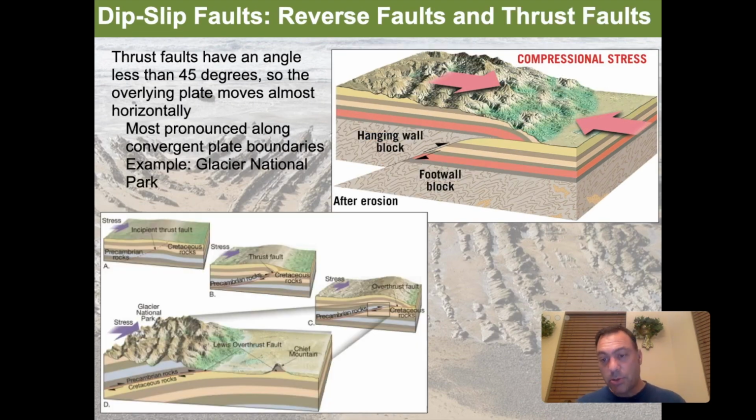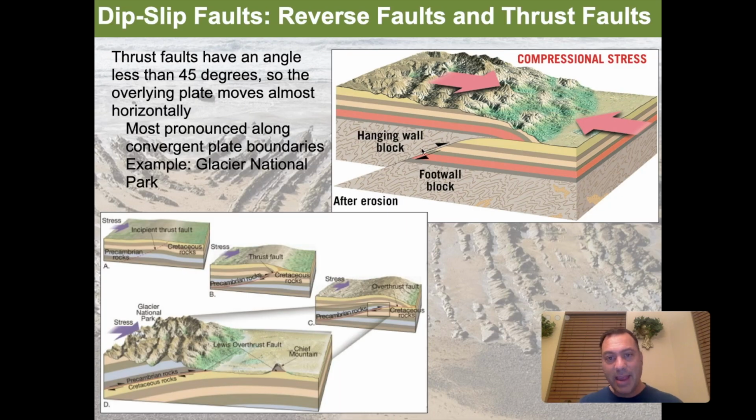All right, so there's also a special case of a reverse fault, and these are really impressive. In almost the same way that detachment faults can be very large and have a massive influence on an entire region, it turns out that there's a reverse fault equivalent that can do the same thing. It's referred to as a thrust fault. So thrust faults are a form of reverse fault. Thrust faults have an angle of less than 45 degrees.